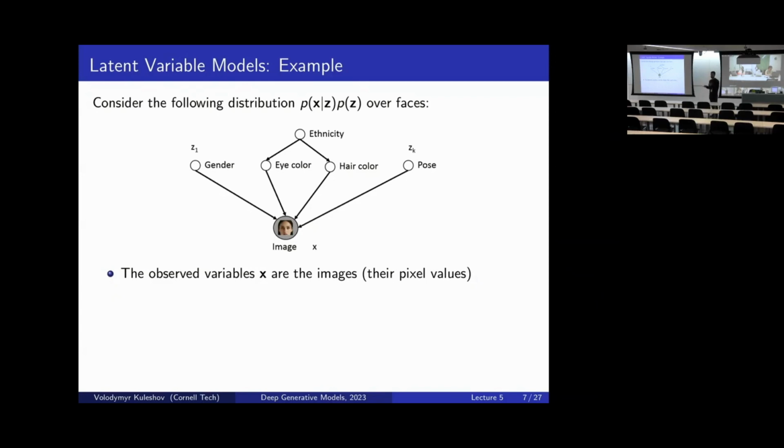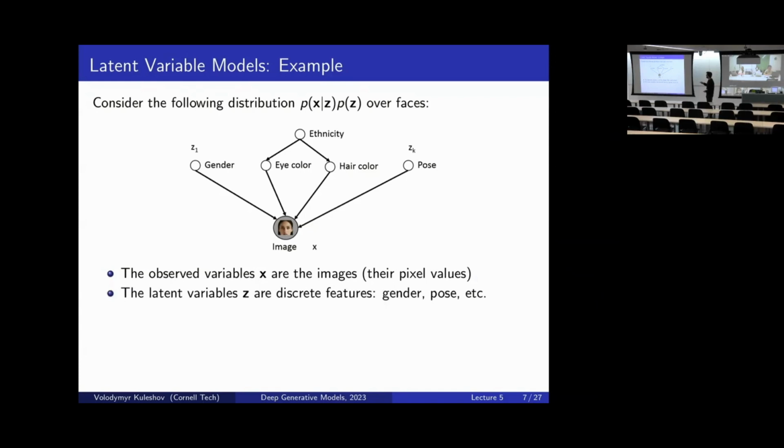There could be some dependencies between these variables. So probably the ethnicity of the person influences their eye color and their hair color. And then these latent variables, in some way, determine the image x. So the image x is sampled from a distribution that's conditioned on these latent variables.